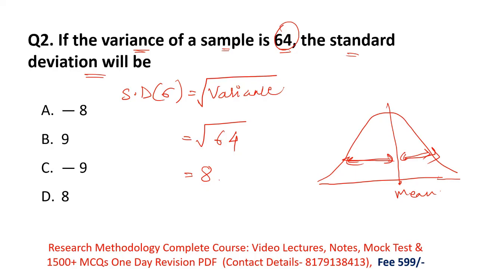You should know the meaning of these particular terms and the formula. They have already given us the value of variance, which is 64, and the square root of 64 is 8. That's why the correct option for this question is option D.